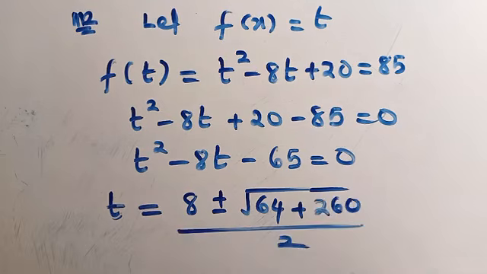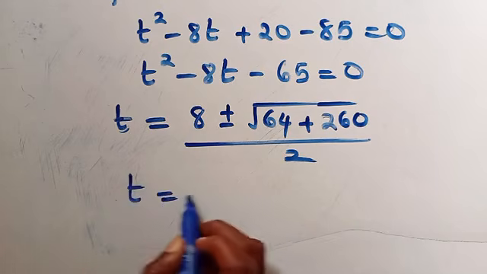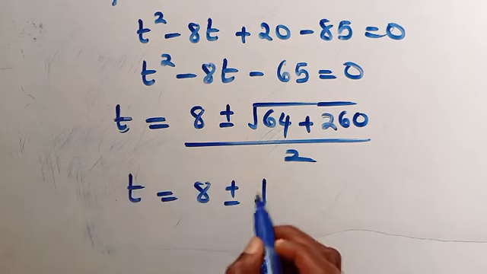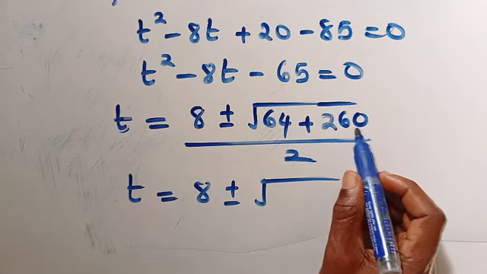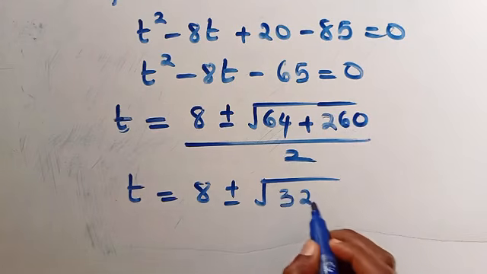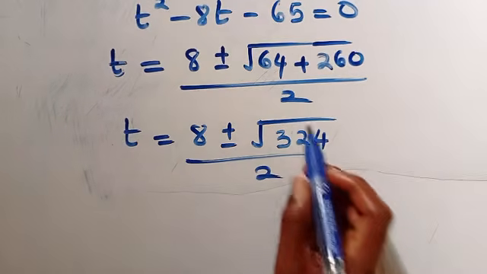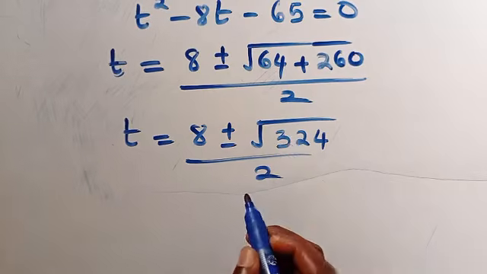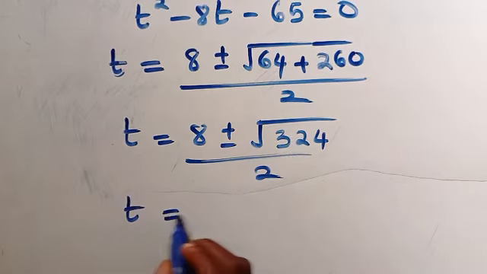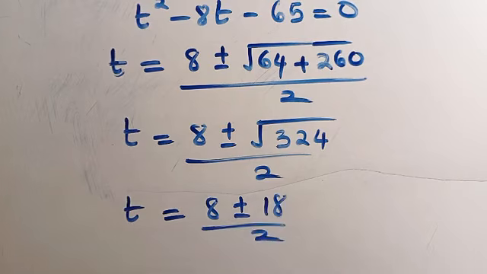Then everything divided by 2. And we have t equals 8 plus or minus square root of 64 plus 260. That gives us 324, divided by 2. So for the square root of 324, we have it as 18. And we have t equals 8 plus or minus 18 divided by 2.